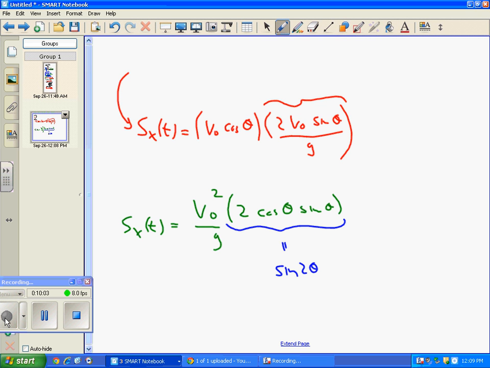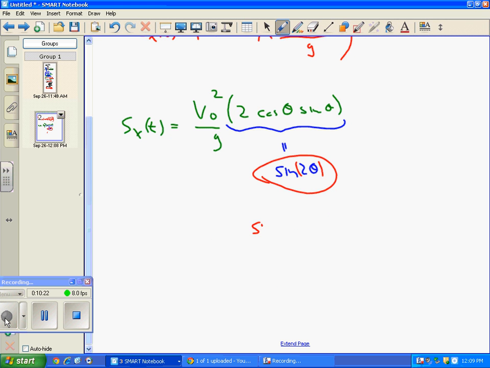So here's the non-calculus way to figure out what theta should be in order to maximize this expression. I have some constant v0 squared over g being multiplied by a function of theta. What I need to figure out is what makes that as big as possible. Well, we have an advantage. We take the sine of any quantity. We know it has to be bounded by 1 from above and negative 1 from below.